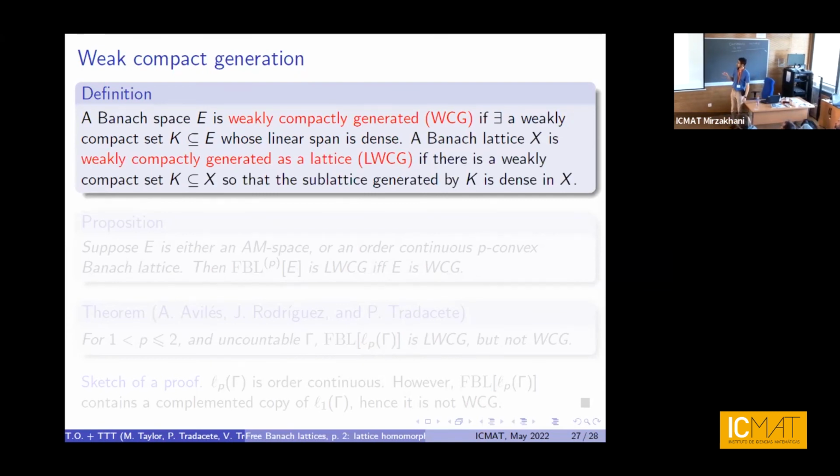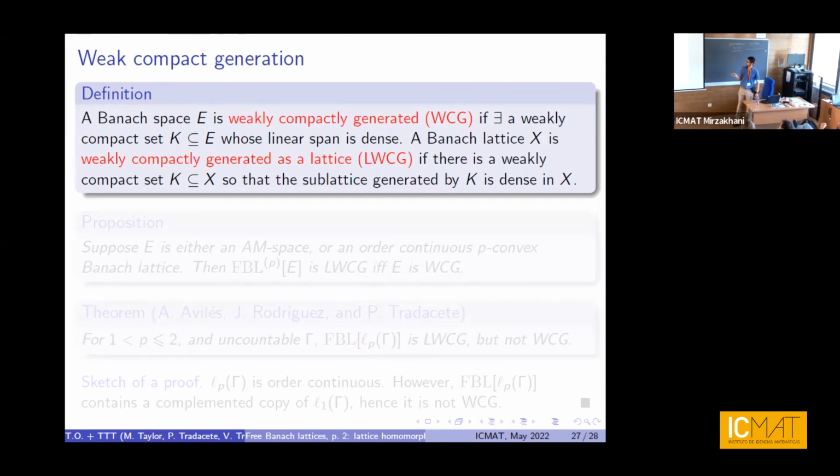And likewise, you can talk about a Banach lattice X being LWCG, weakly compactly generated as a lattice, if it contains a weakly compact set K so that X is generated by K as a lattice.